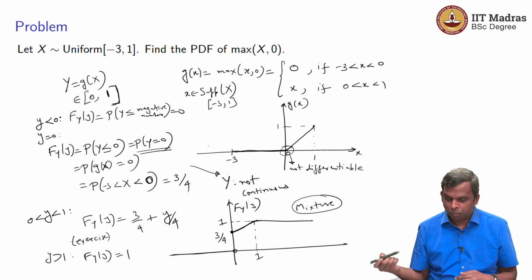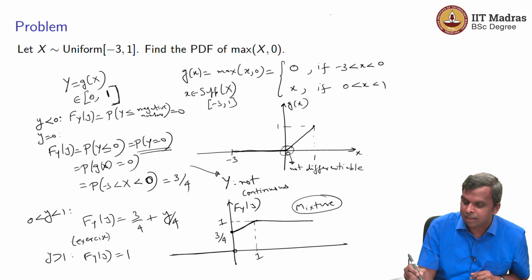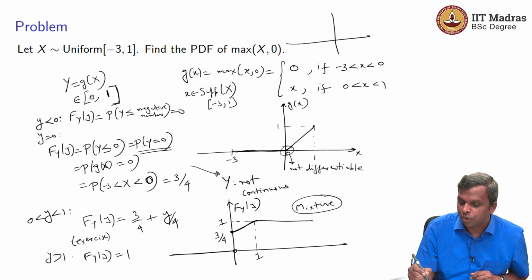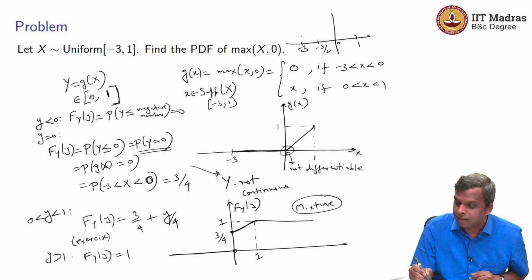Supposing I have a g of x which is like this, with marks at minus 3 by 2, 0, and then 1. Let's say it is a function like this.